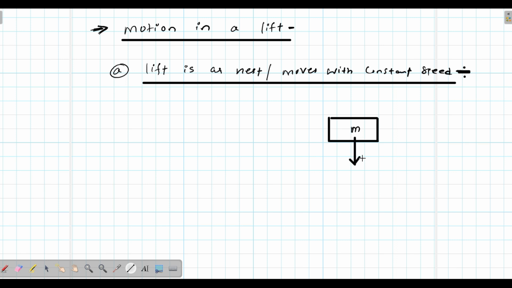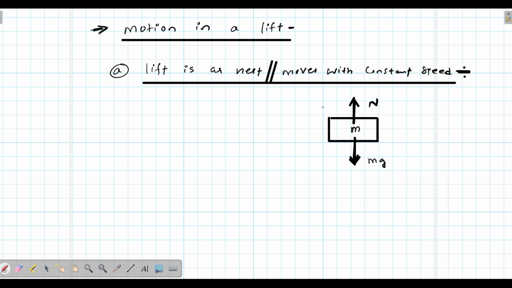So weight is mg. N is the normal reaction.